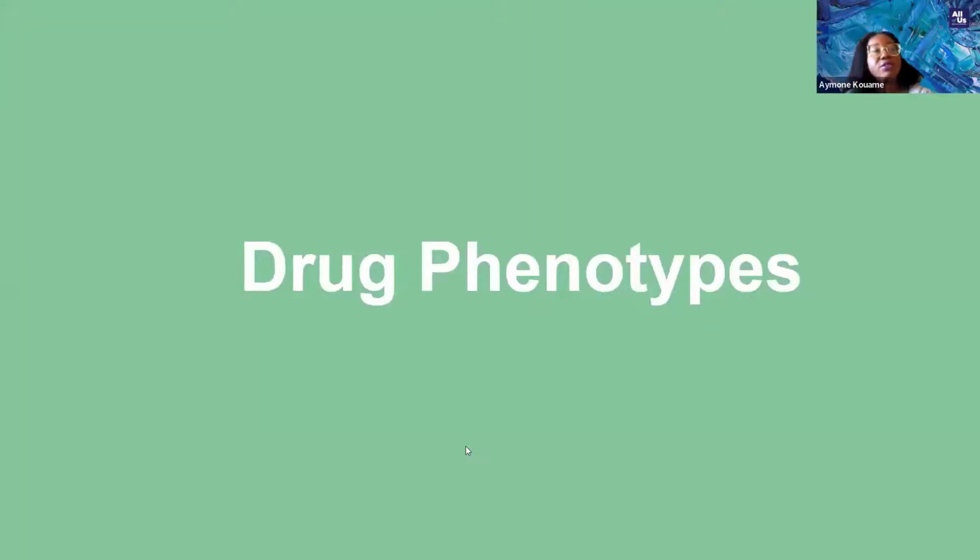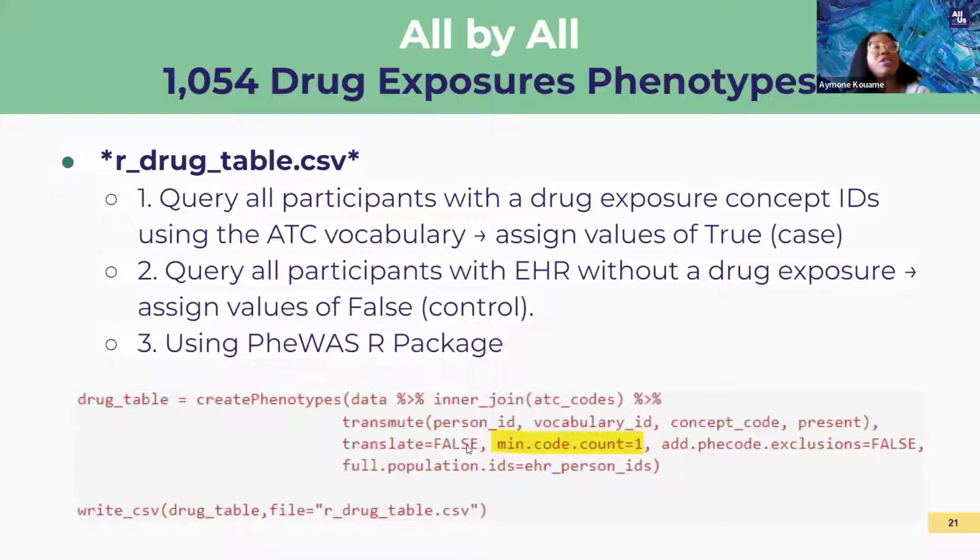Okay, so now let's look at the drug phenotypes. In the All by All study, we have included about 1,054 drug exposure phenotypes. In the drug curation workspace, you will have access in a README to the drug table, called R_drug_table.